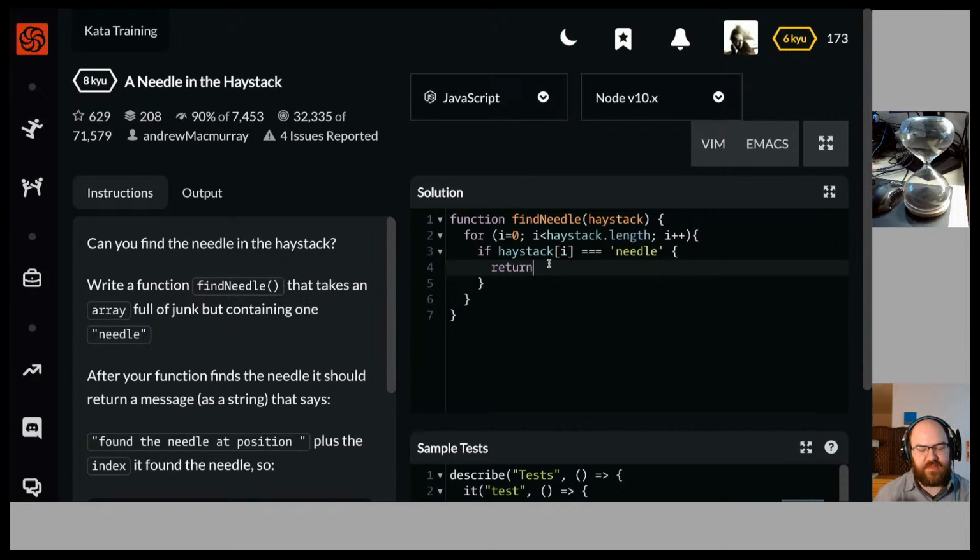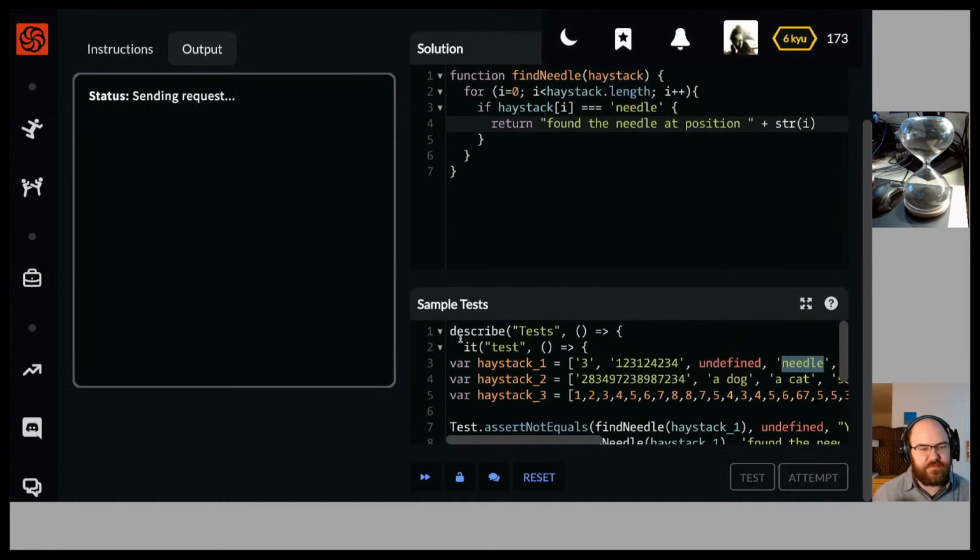Yeah, I think we can assume that it's always gonna contain the needle. Now, if this was Python, I would say plus string of i, but I don't know if that's valid in JavaScript. Let's test it though.